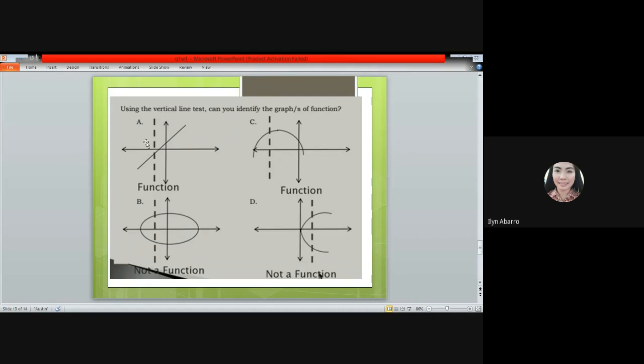For letter A, when we draw a vertical line, look only at the line graph and the vertical line.